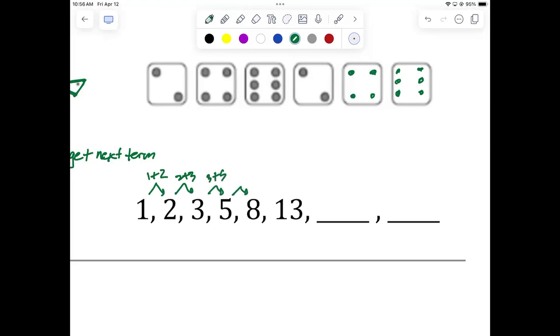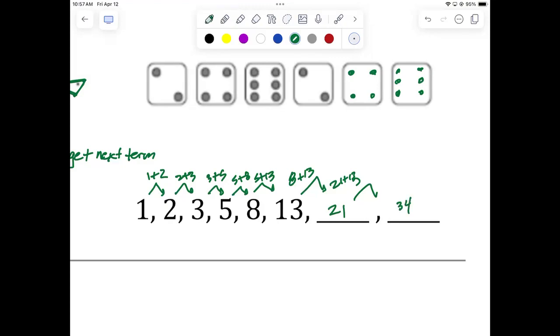Oh, you're a genius. I think this is going to work. 5 plus 8 is... no, 5 plus 8 is 13. Can you be my accountant? Let's see. 8 plus 13 is what? That's 21. And then 21 plus 13 is 34.